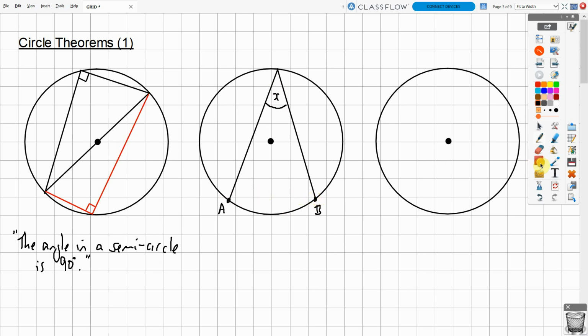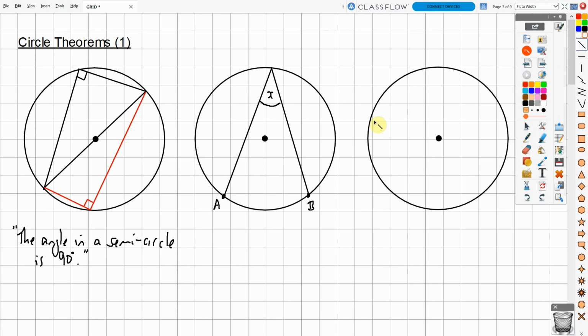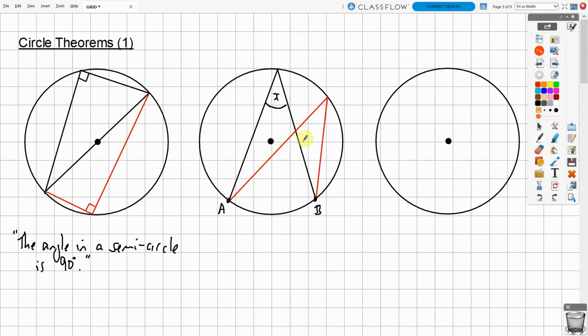Now, one of the curious things about a circle is that if we draw another pair of lines in, again from AB, but to some other point, maybe like that, then it follows that this angle is identical in size to the first one. Whatever that is, the same.